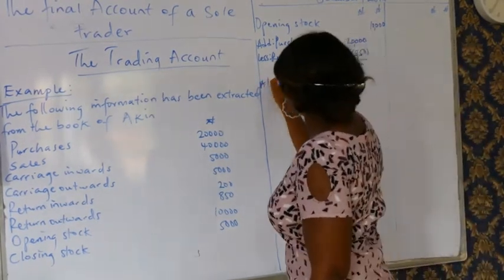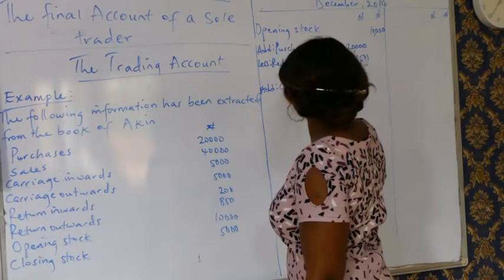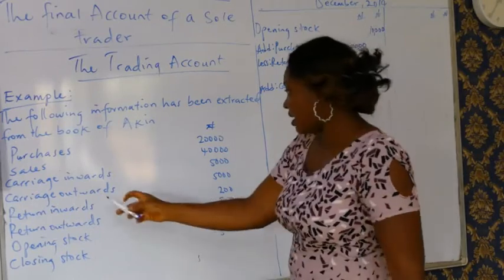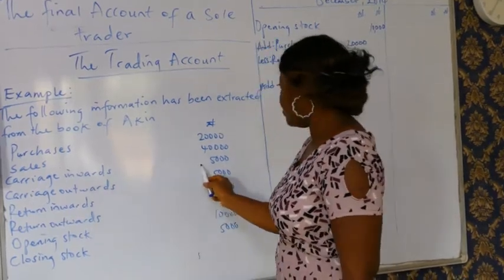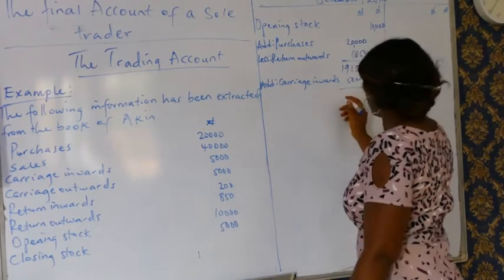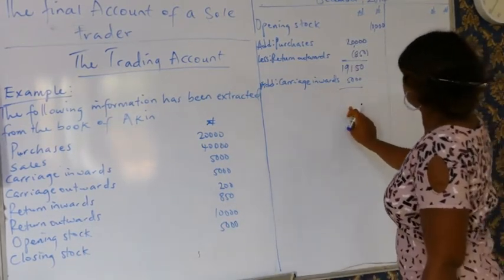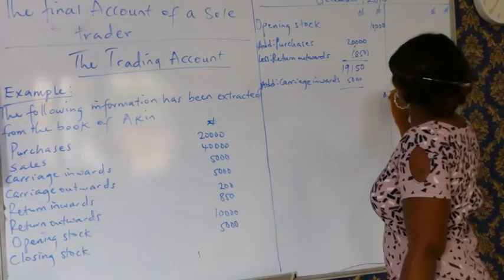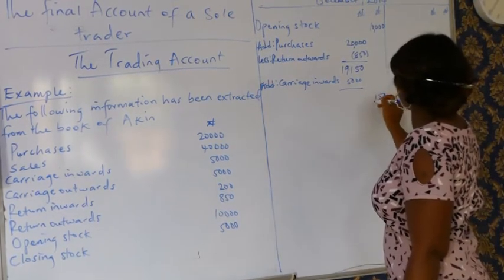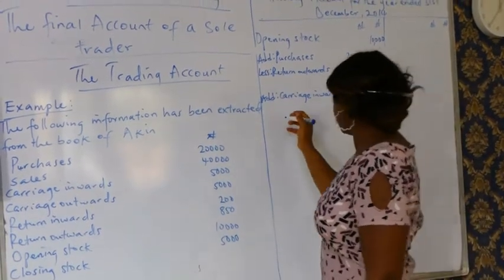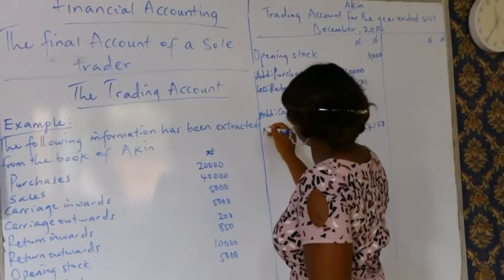We also add carriage inwards. Our carriage inwards figure is 5,000 naira. If we add the carriage inwards figure, we have our net purchases as 24,150 naira.